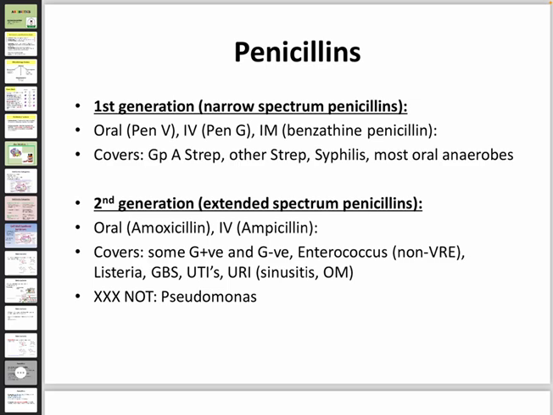Now, with regards to their coverage for UTI, as I said, theoretically speaking, they do have gram-positive coverage for microorganisms that can cause UTI, for example, enterococcus that is non-vancomycin resistant, like Enterococcus faecalis.